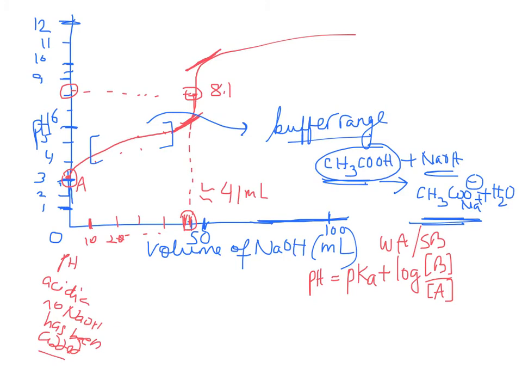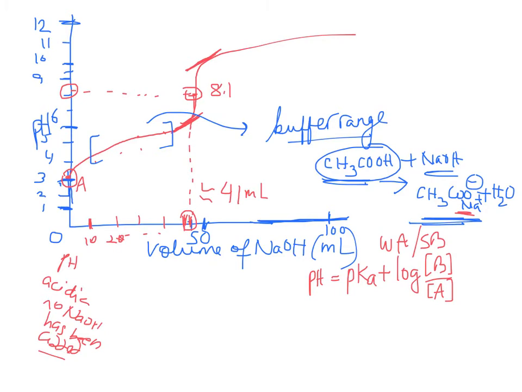But realize that as this continues to build up, there will come a point of time where the concentration of acetic acid as well as the corresponding conjugate base are going to be equal.